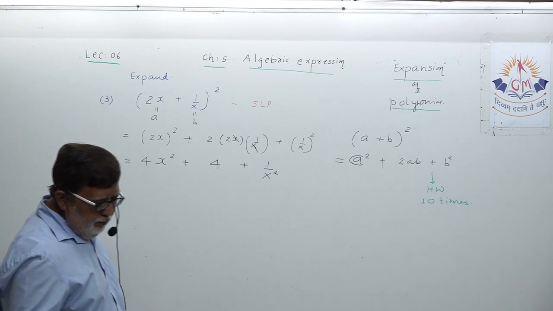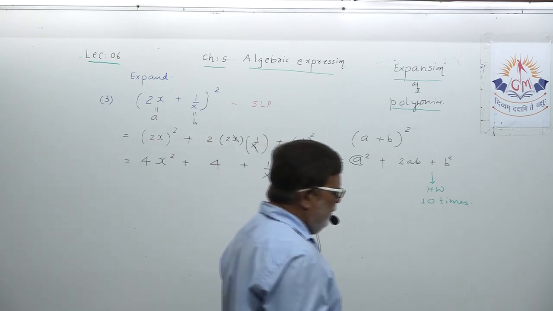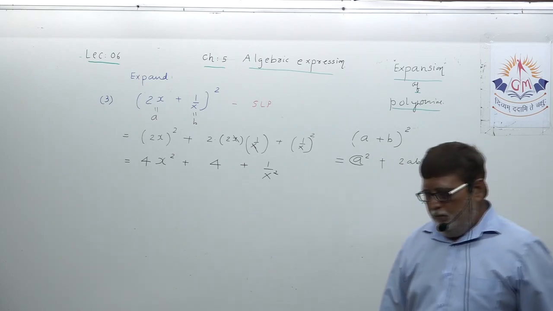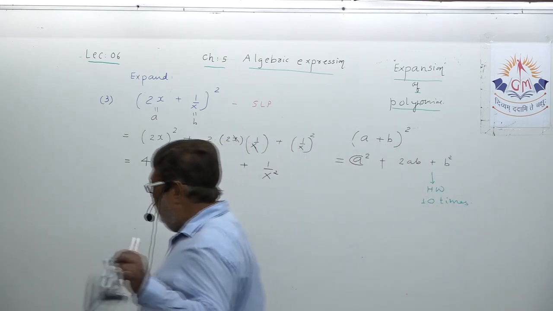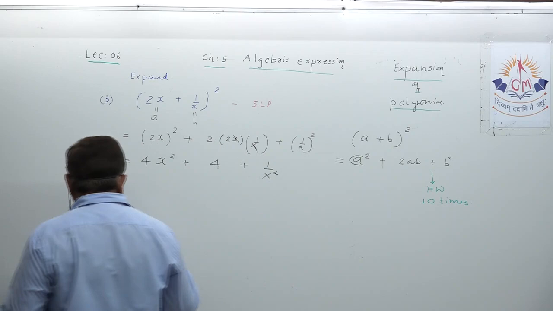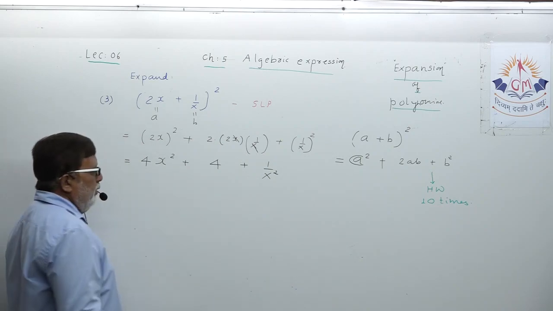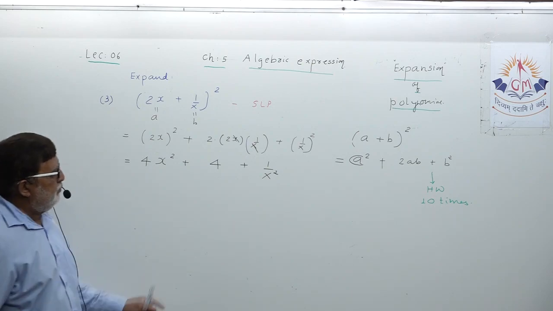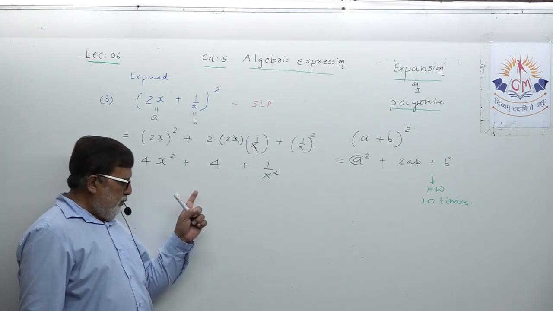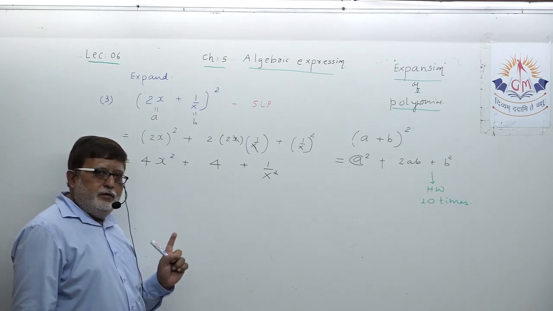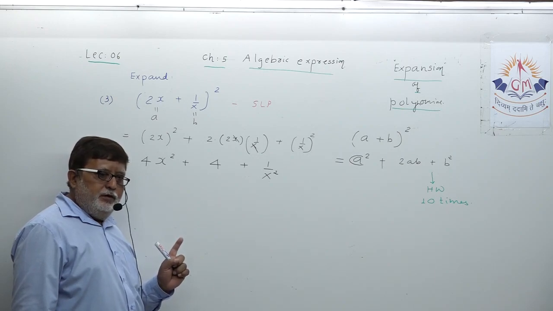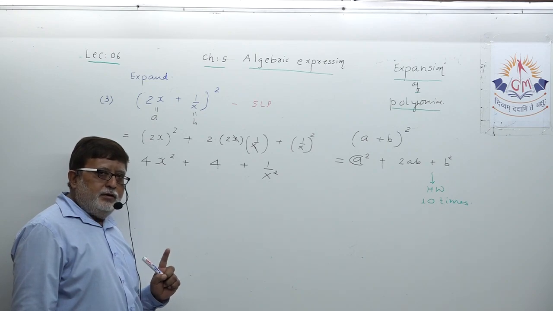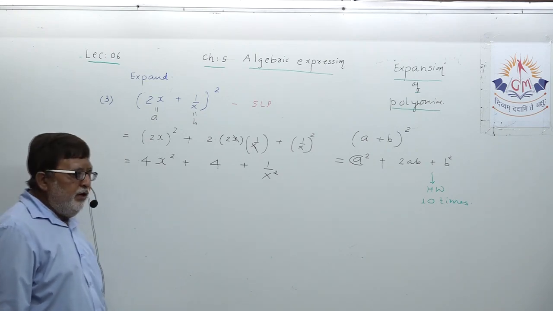Before we solve another example, one more identity I am writing here. If anybody has solved this example, they just need to check the basics. Either the sum solved by them is correct or not, that they need to verify.